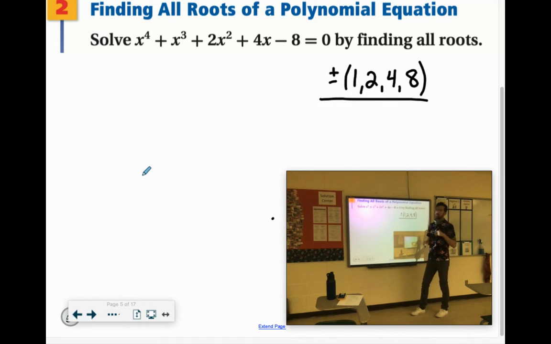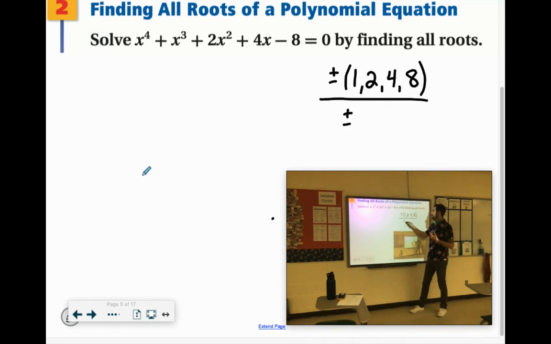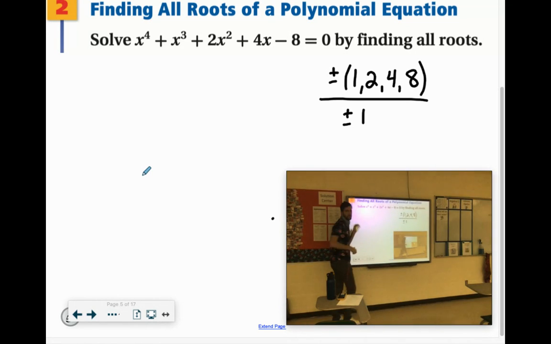And you put those over all the factors of the first term, which is 1. So all of these are over just 1 or -1. So we're going to test things like 1, -1, 2, -2, 4, -4, 8, -8. It's going to be a pain, but with our synthetic division skills, it shouldn't be a problem.